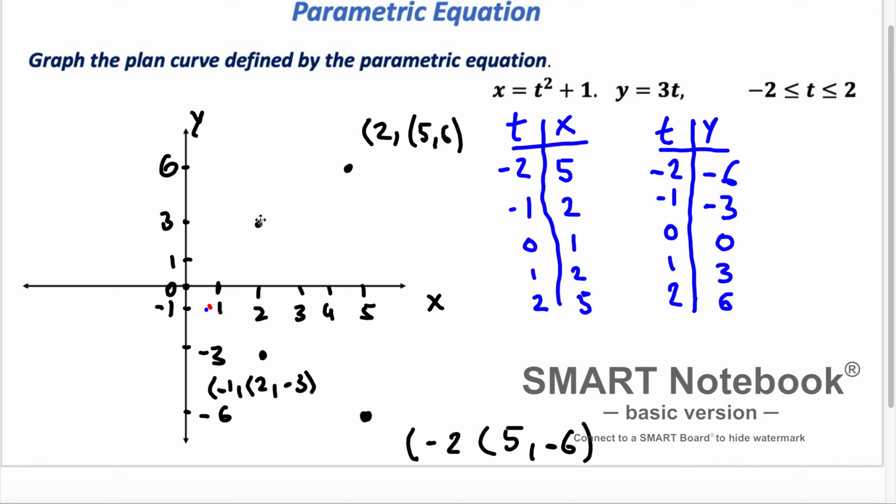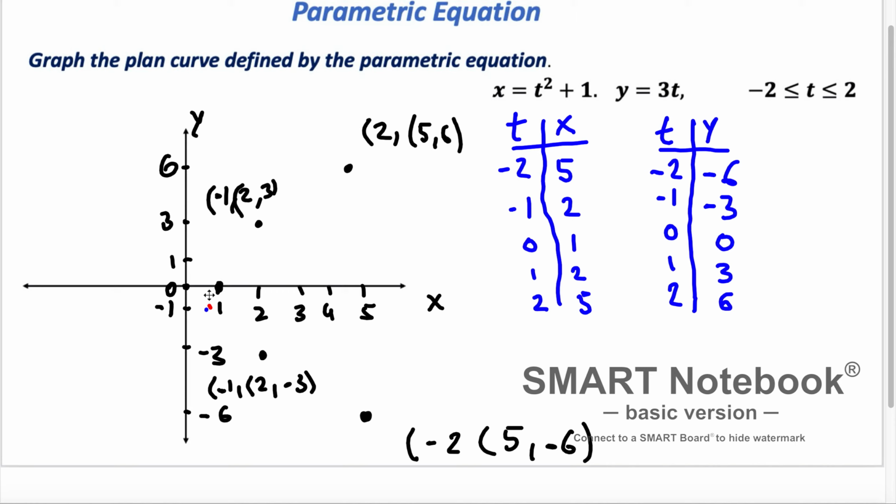And in this point here, again t is -1, x is 2, and y is positive 3. Now when t is 0, x is 1 and y is 0, so it's this point here.